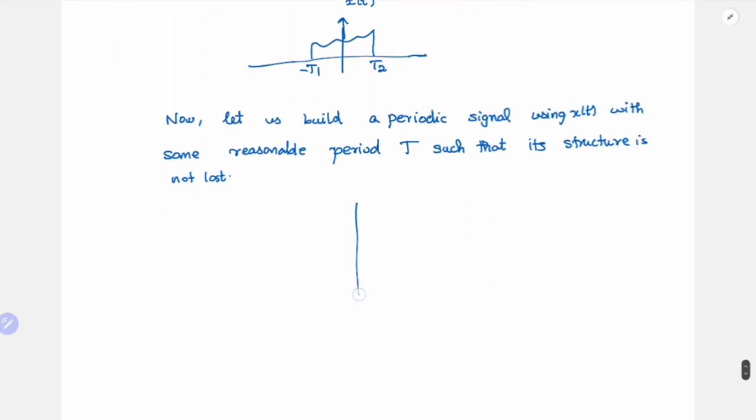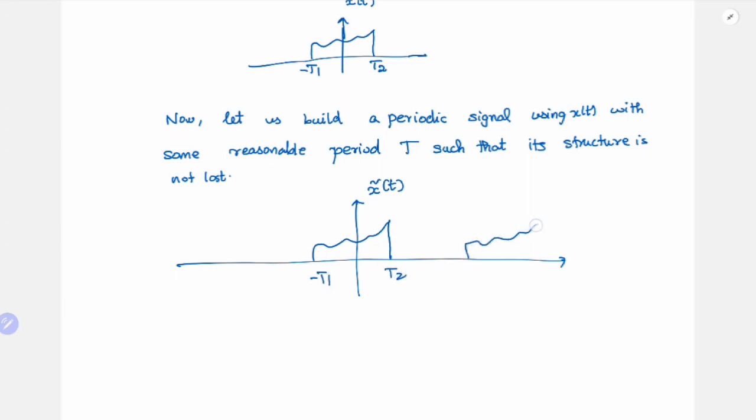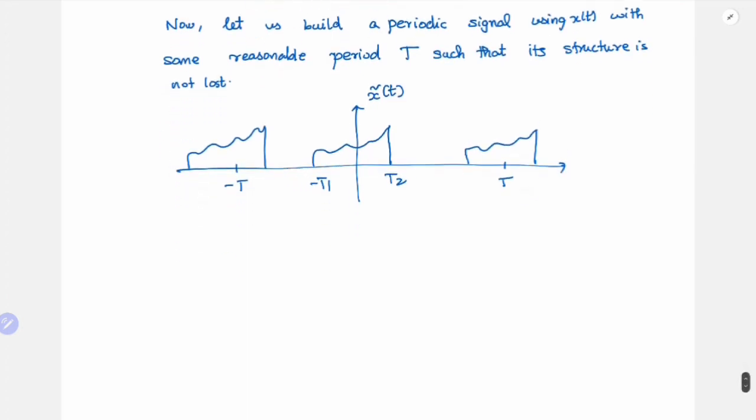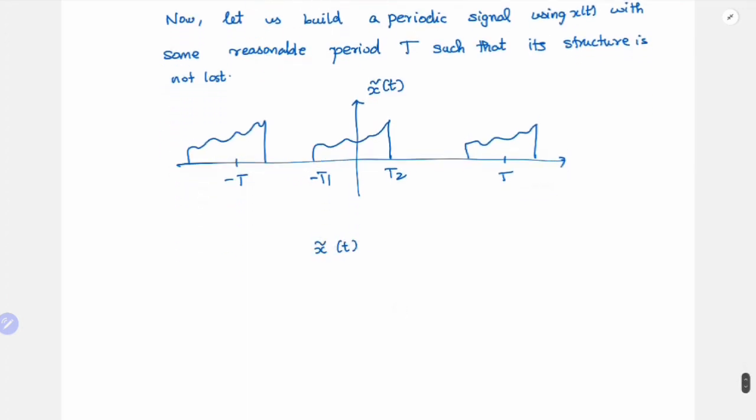Okay, so then how will it look? Let's say this is x tilde of t, the periodic signal. We'll have this from minus t1 to t2, and we'll just have repeating copies at intervals of T, right? So now we have x tilde of t, for which we can find the Fourier series coefficients, right?